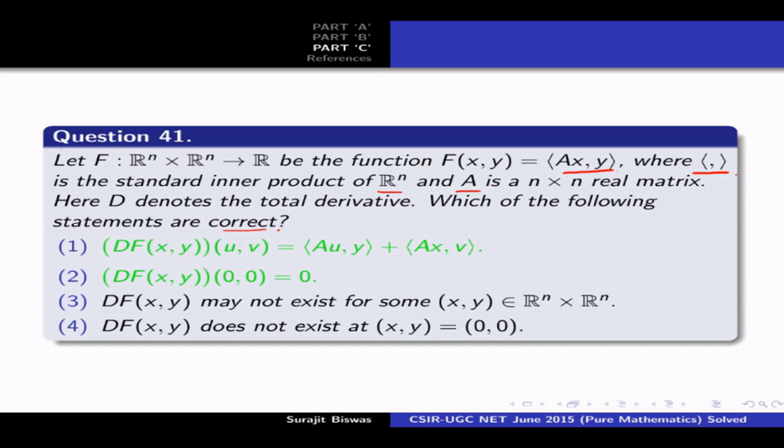So the first one: the total derivative of f at (x, y) evaluated at (u, v) is equal to ⟨Au, y⟩ plus ⟨Ax, v⟩, and we'll show that this is actually true. How do we proceed?